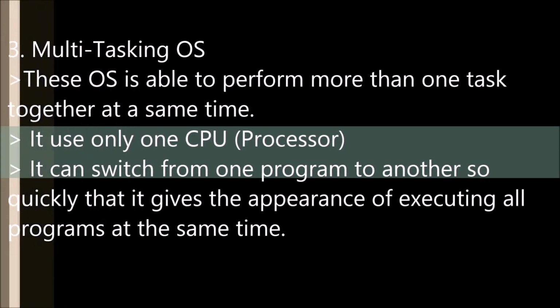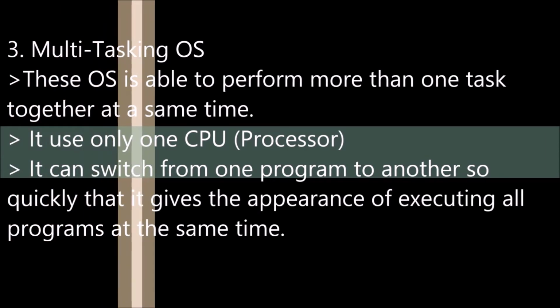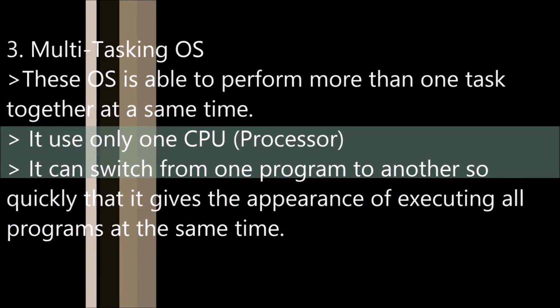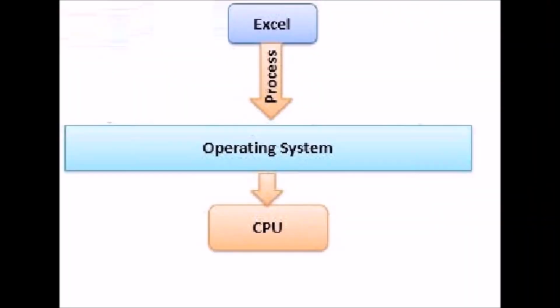Similarly, computers are also multitasking, where the operating system is able to perform more than one task together at the same time. It uses only one CPU or processor. The earlier versions of operating system had fewer features and resources, and were used to perform only a single task at a time.